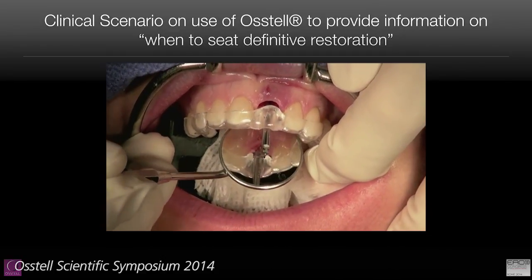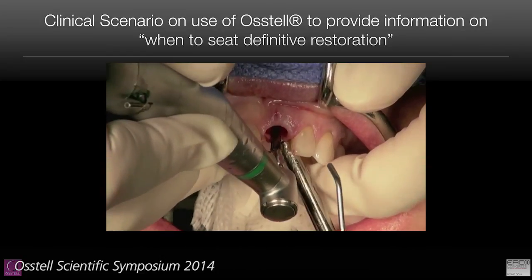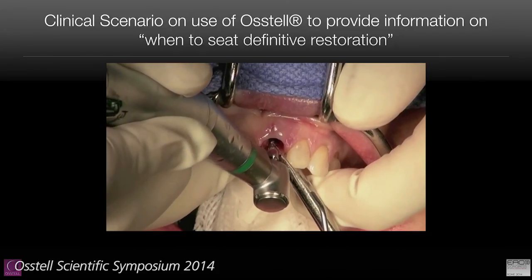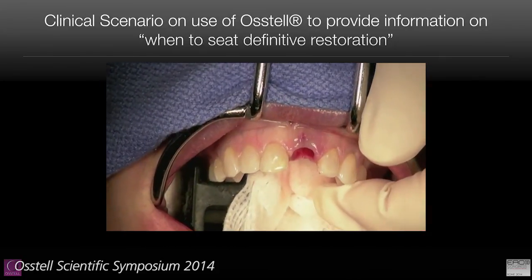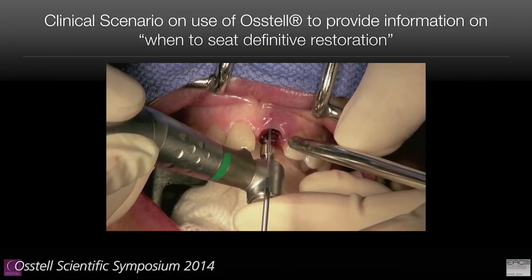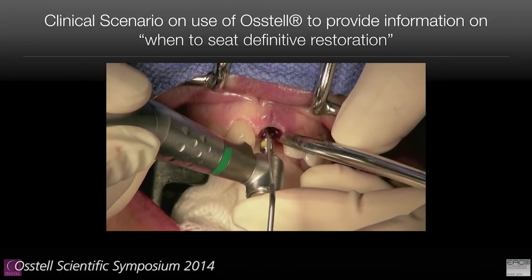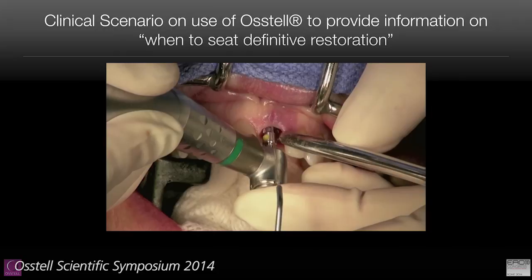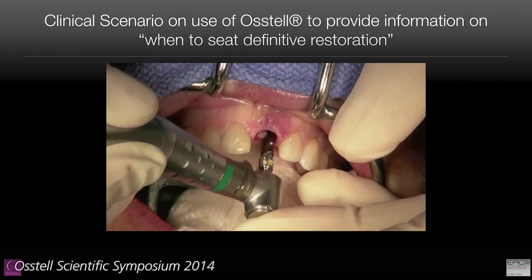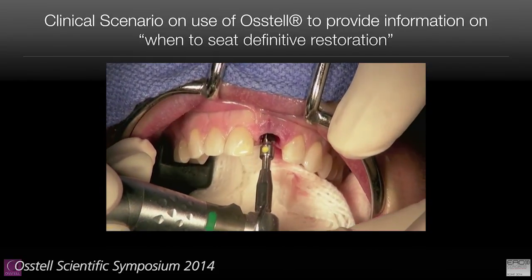By placing the preparation site more to the palate, we're able then to engage that nice dense bone on the palatal side. And as you can see, the twist drill is struggling to get apposition of that drill onto the bone because there is actually no labial bone whatsoever, as you saw with the pocket measurements. And so the key for me is to establish the proper shape and form in the preparation of the bone.